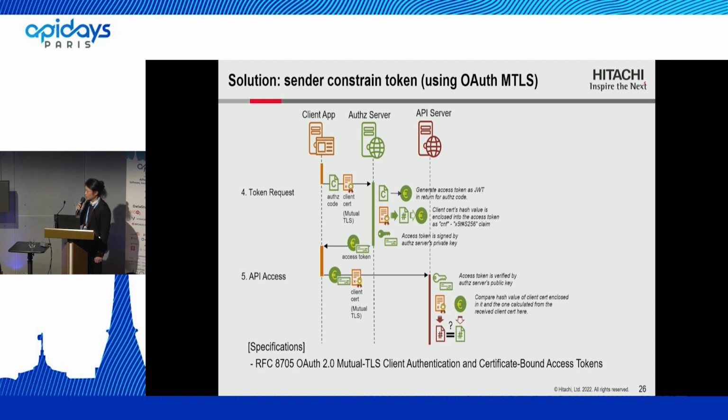By following this OAuth MTLS, the access token is bound with the client application's client certificate by leveraging mutual TLS. Therefore, someone who has this access token and wants to access an API needs to prove that they are the holder of the client certificate. To say more precisely, the holder of the private key corresponding with this client certificate.